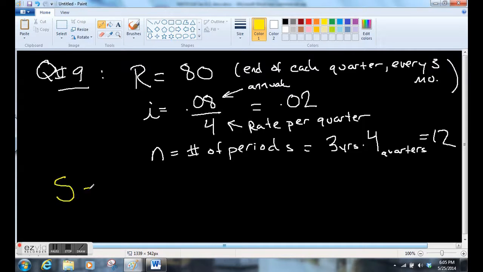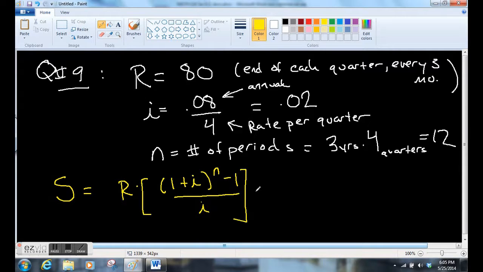What could be easier than that? S equals, this is R, the formula, times 1 plus I to the n minus 1, all divided by I. So this is going to be equal to 80 times 1 plus 0.02, right?